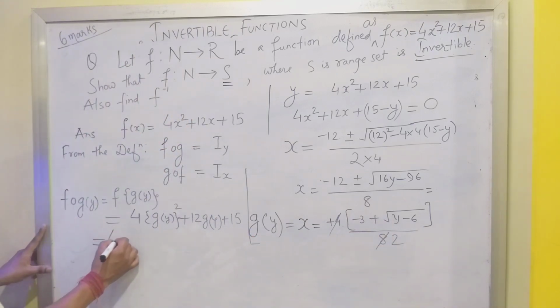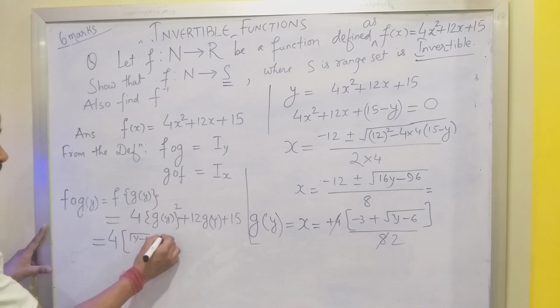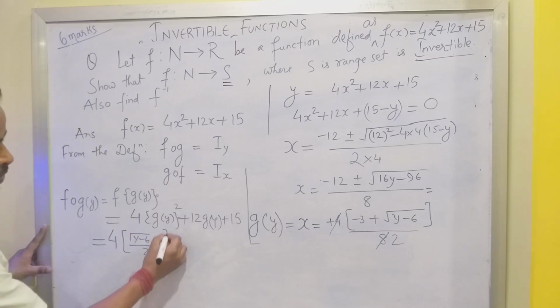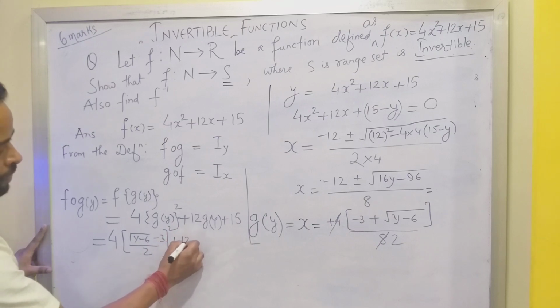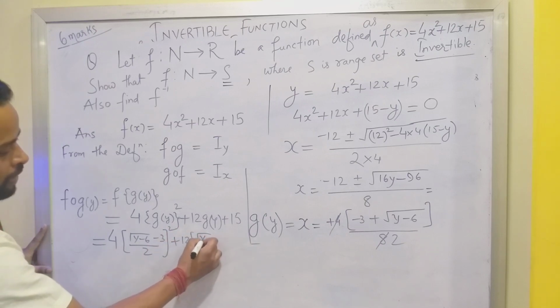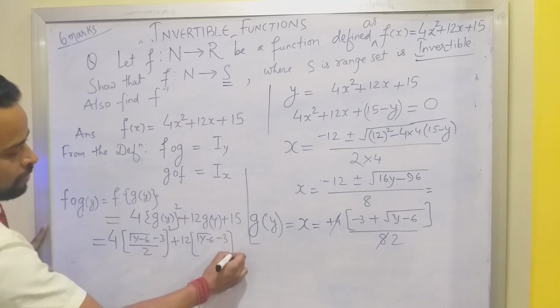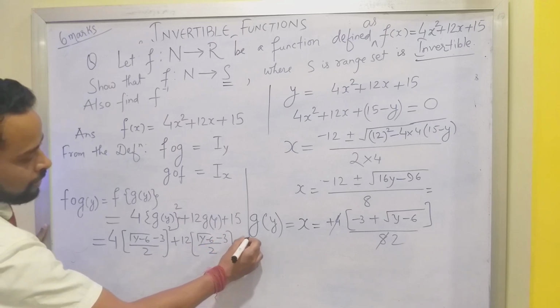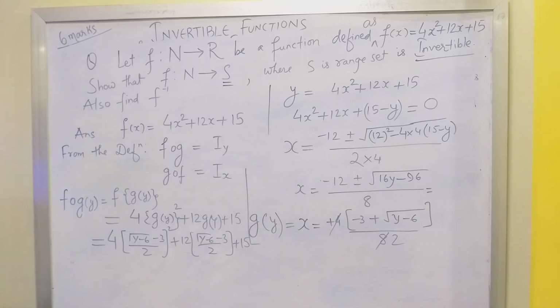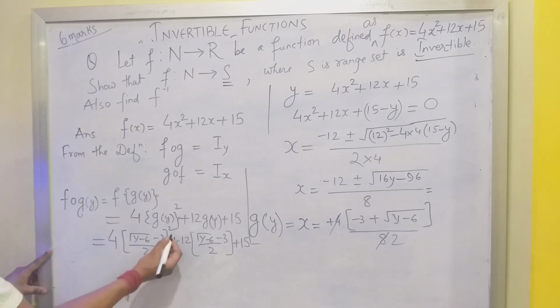It is 4 into (root over y minus 6 minus 3 by 2) whole square plus 12 into (root over y minus 6 minus 3 by 2) plus 15. And this is square. 2 2s are 4. This will get cancelled.